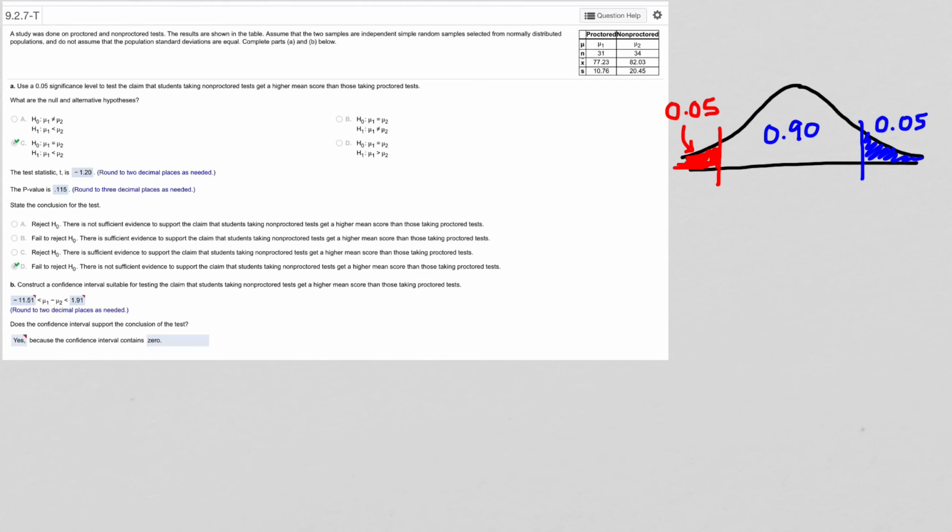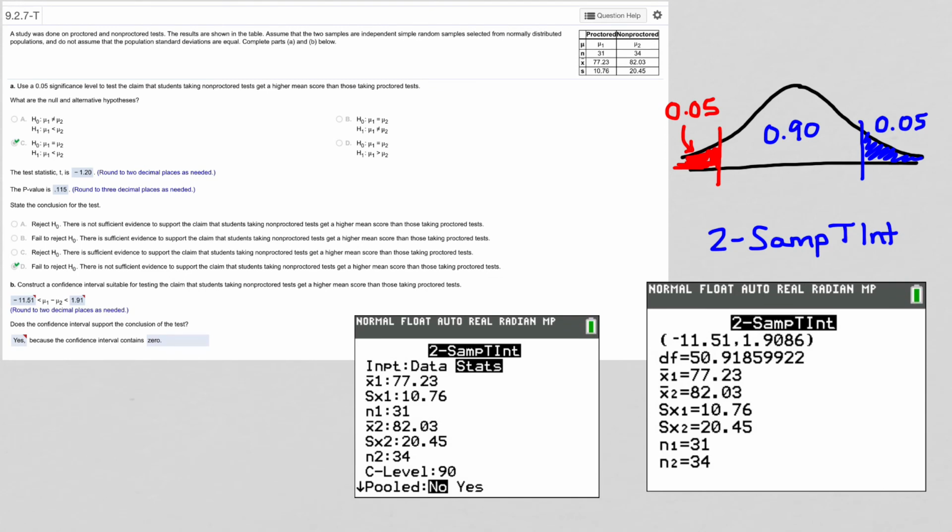So now I'm going to do a 2-sample t interval, and let's see what we get for the results. Okay, so here's what I put into the calculator. I really didn't have to change anything other than the confidence level, so that was 90%.